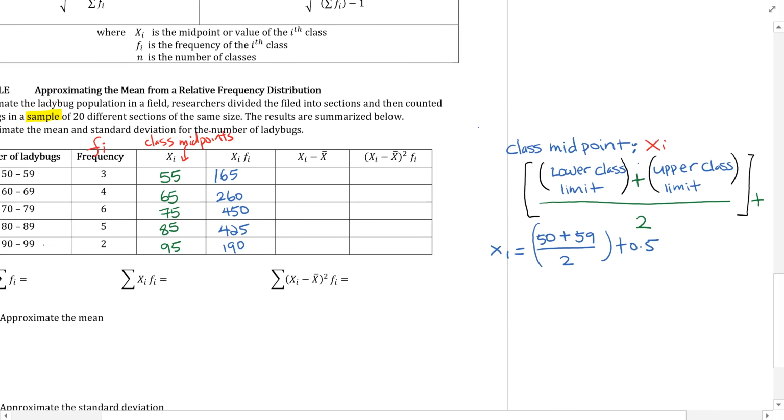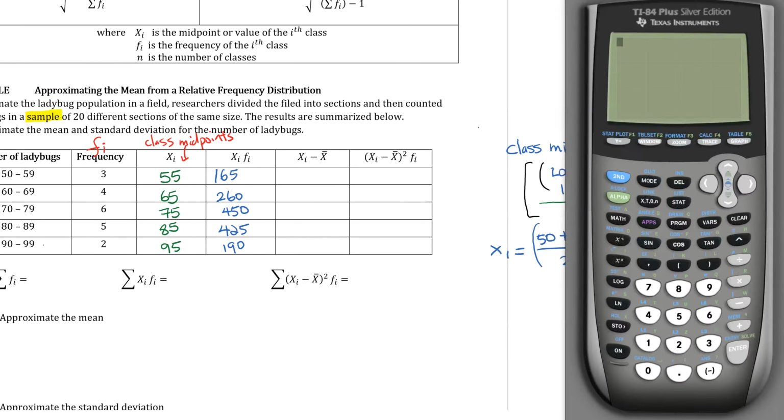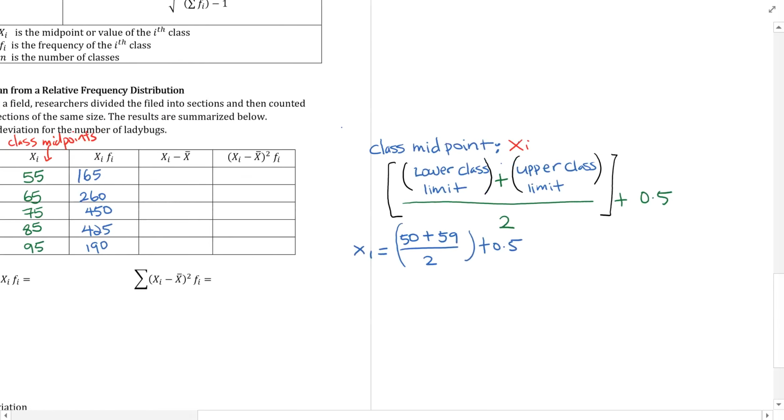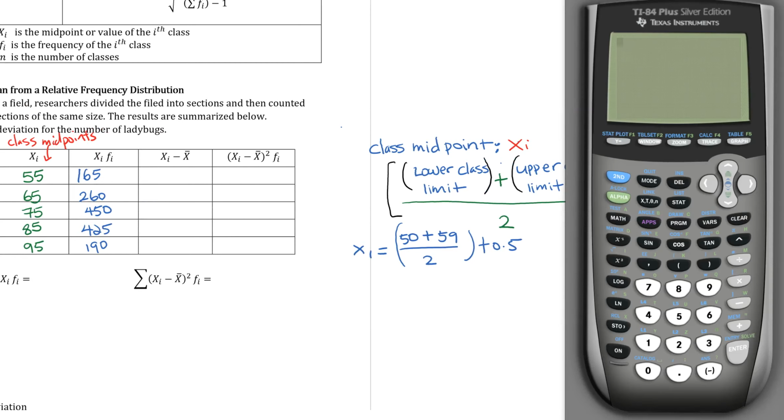Again, for this part, we can support it with a calculation from your calculator. Let me move this over here so you can see it. I would have 50 plus 59, which is 109, divided by 2, and then plus 0.5.